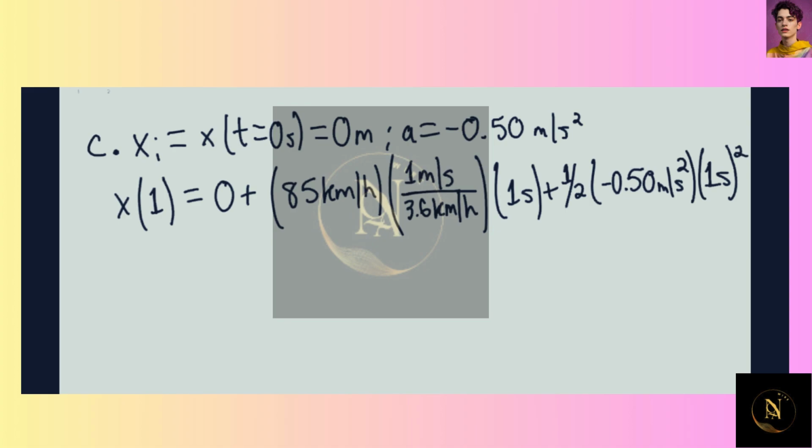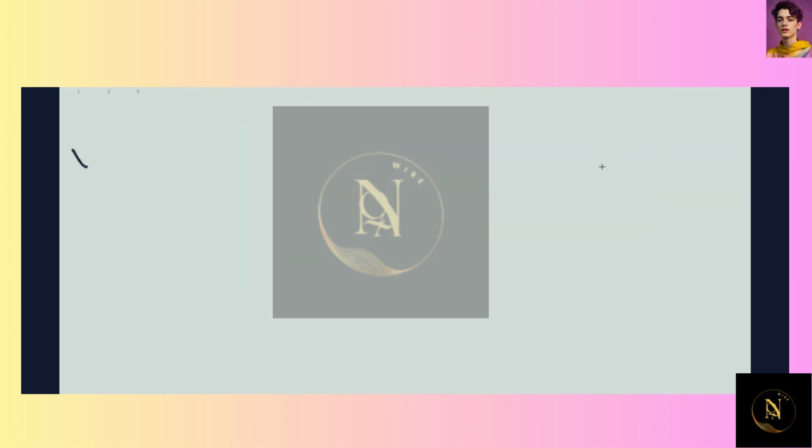Now, we need to find the total distance traveled in the 5th second. So we can say that we need to find x at t equals 4 seconds and x at t equals 5 seconds and subtract the two values. So let's get a new workbook. Again, x at t equals 4 seconds would be equal to 85 kilometers per hour.